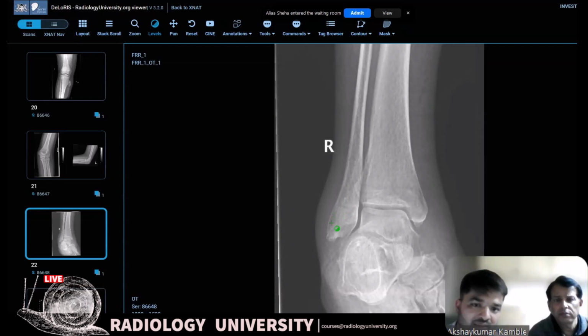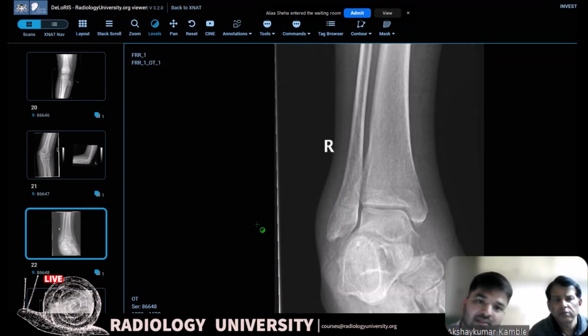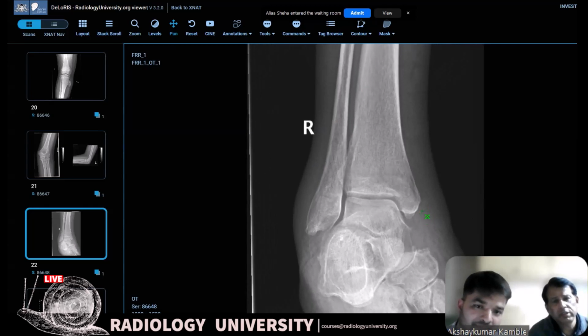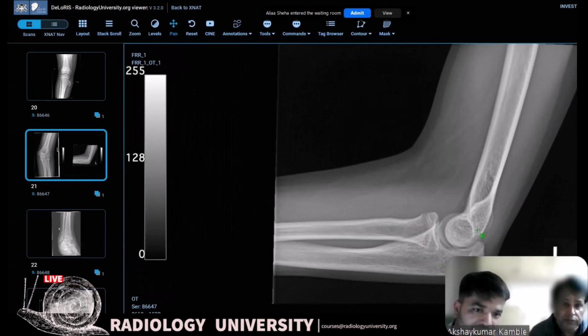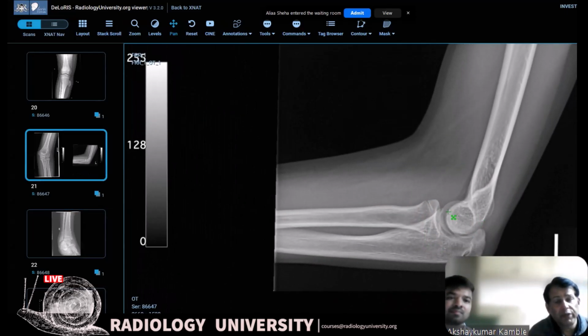So this was subtle. When we see subtle fractures like a radial head, which we are not able to make out, and we see only the fat pad, can we just mention that in the exam? Yeah. If there is a posterior fat pad, it's definitely positive because they are not normally seen.